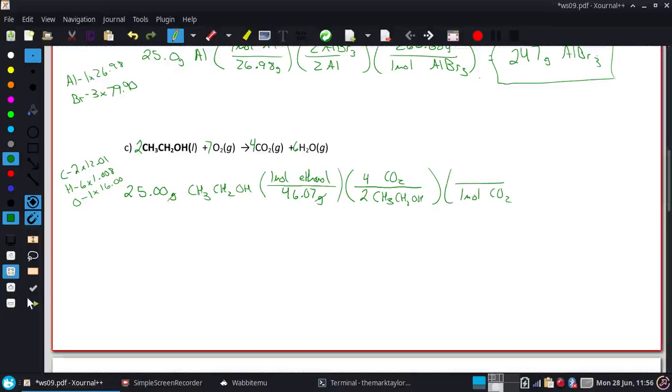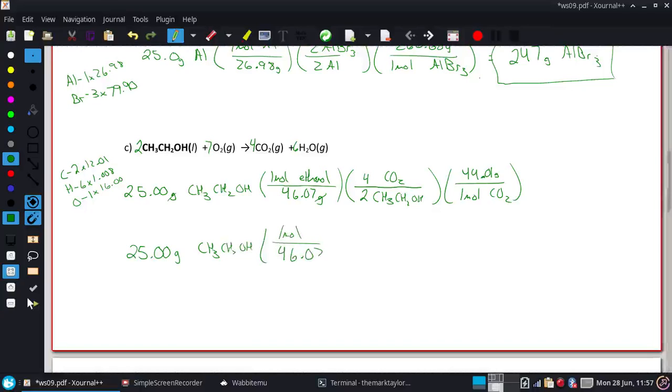And can use those same numbers to get the molecular weight of carbon dioxide at 44.01 grams. And then we'll do the same thing, but this time with the water. So instead of 2 ethanols for every 4 carbon dioxides, it's 2 for every 6 waters.